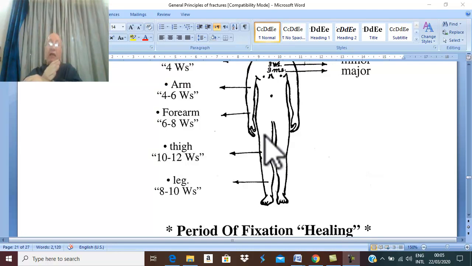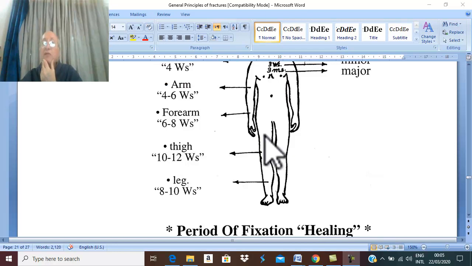The edge of the cast should not be sharp or compress the skin. If it is sharp or compresses the skin, it is like a knife. It will lead to injury of the skin and ulceration.